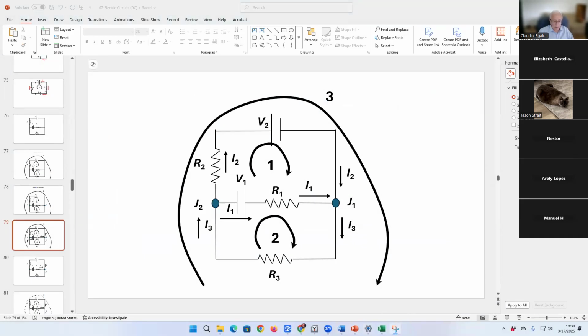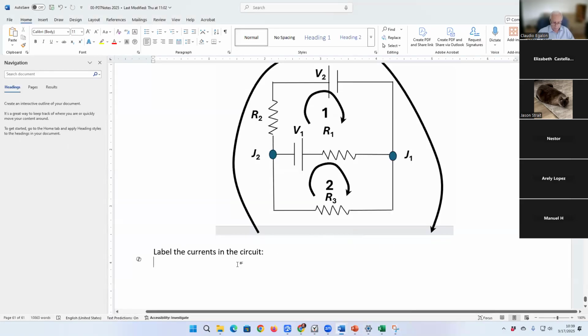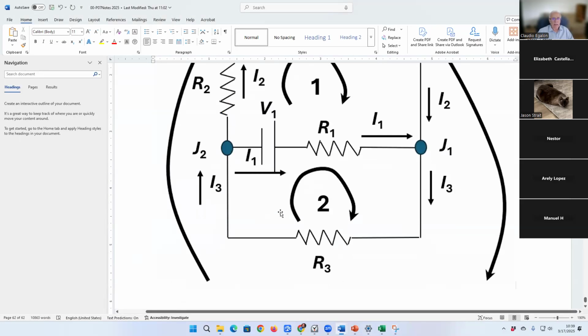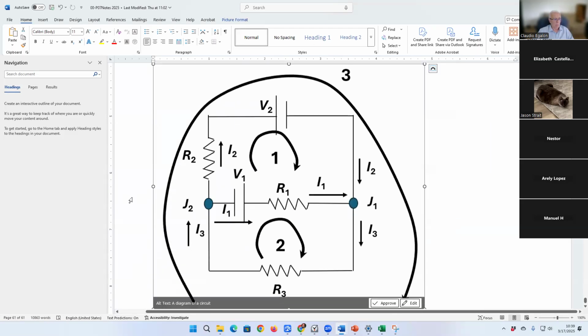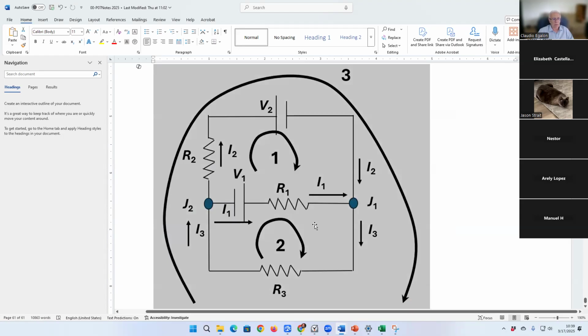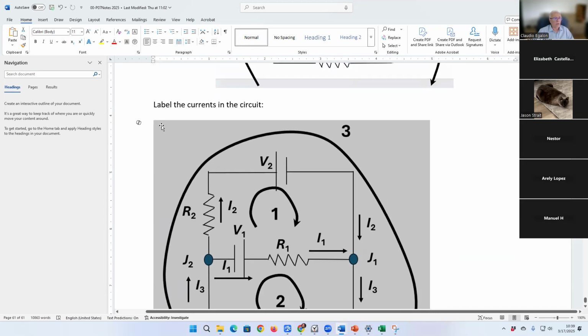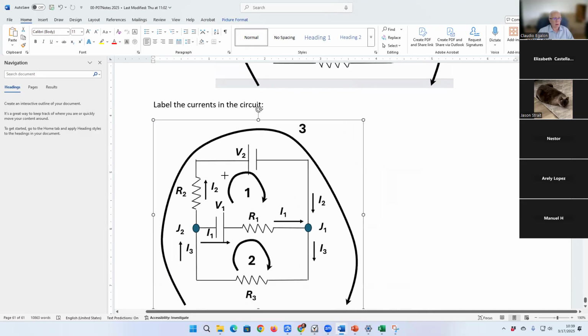Paste there. And like I said, the direction of the current can be whatever direction you want. It doesn't have to be from left to right. It doesn't have to be up or down. It can be whatever direction you want, but make sure you follow the same direction throughout the solution of the problem, okay?